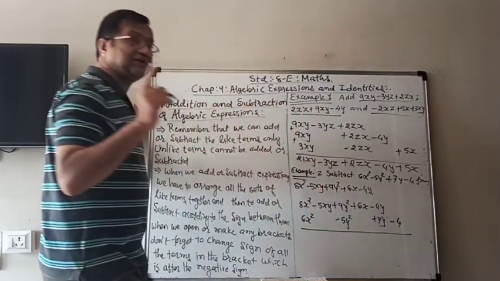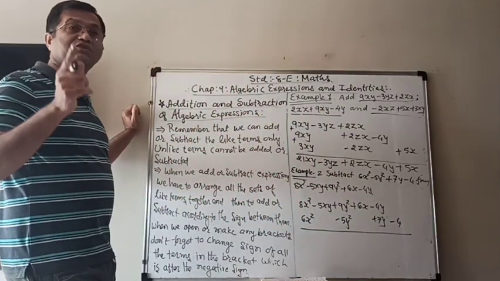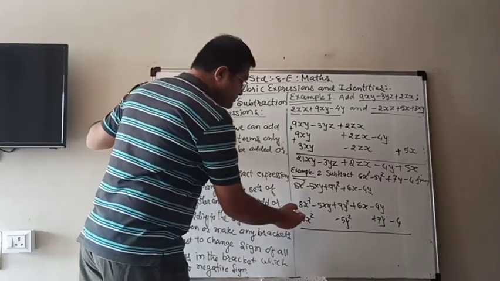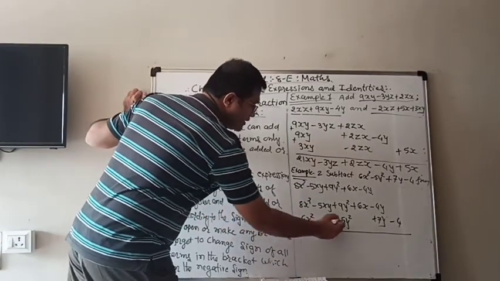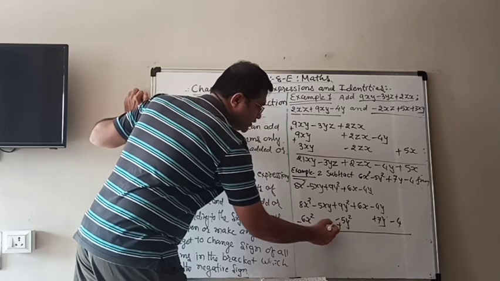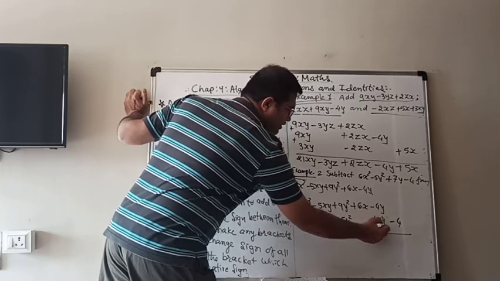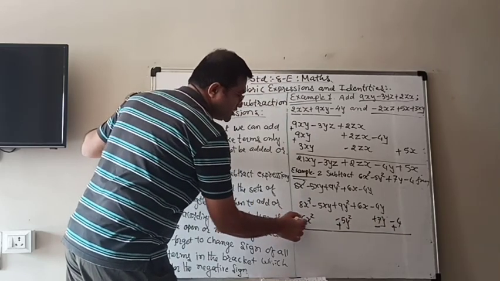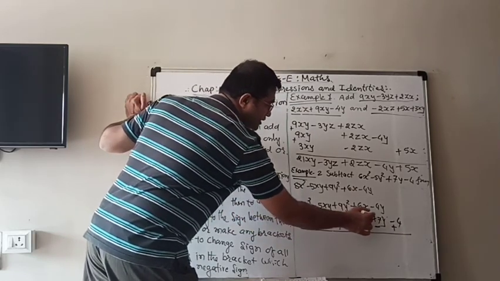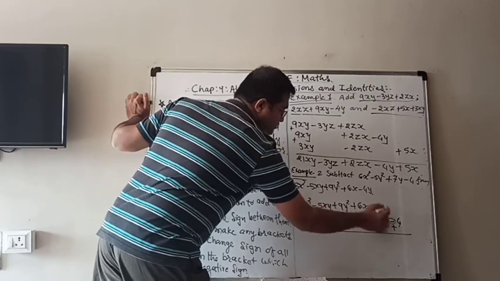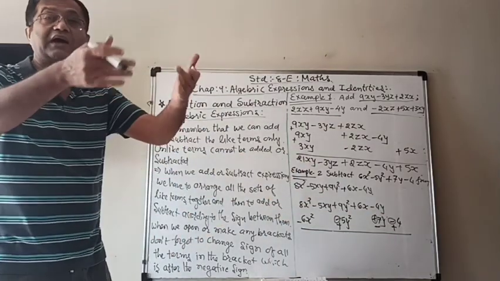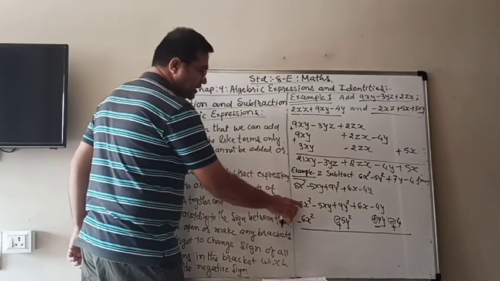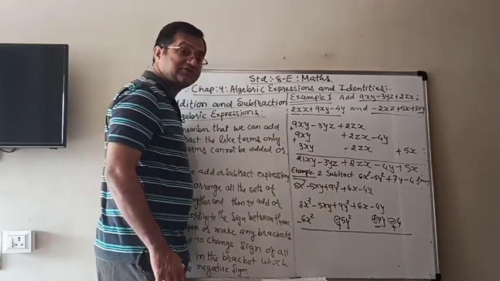Now as it is subtraction, don't forget to change the signs of the second expression: the sign will be negative, the sign will be positive, the sign will be negative, the sign will be positive. Now we have to consider only this, we neglect the old signs, and do the normal addition. 8 minus 6, how much? 2.